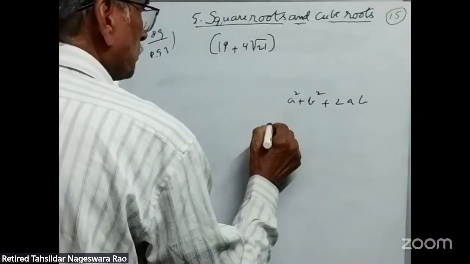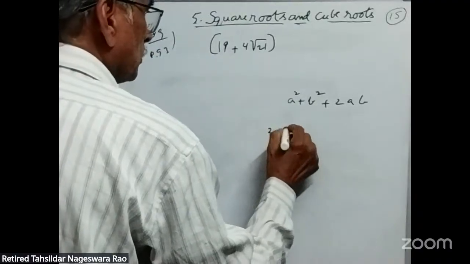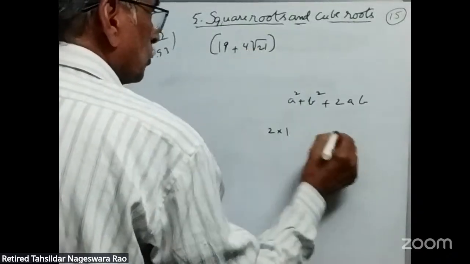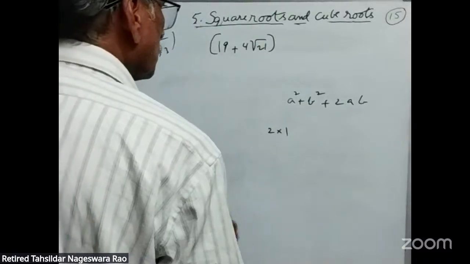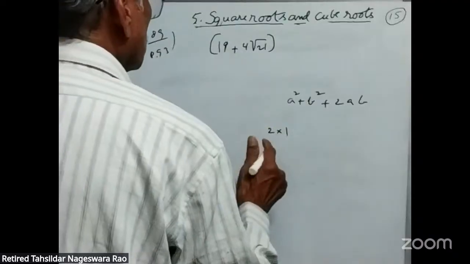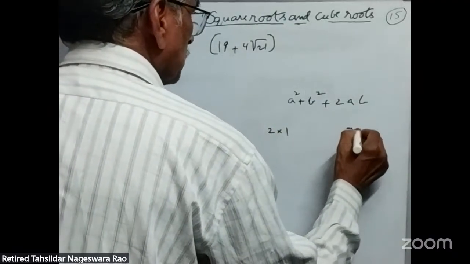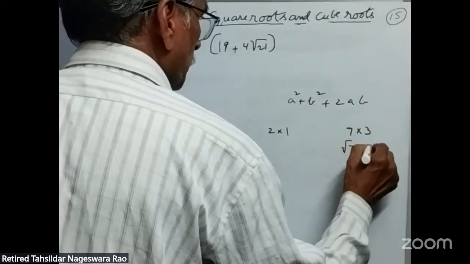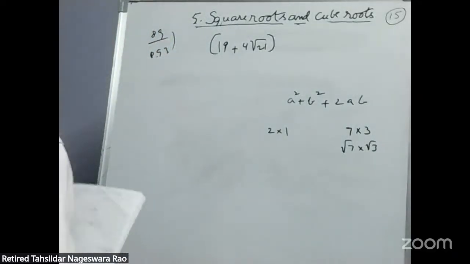Here means 2 into 2 root 21 is here. Root 21, what are the possibilities? 7 into 3. Root 7 into root 3.